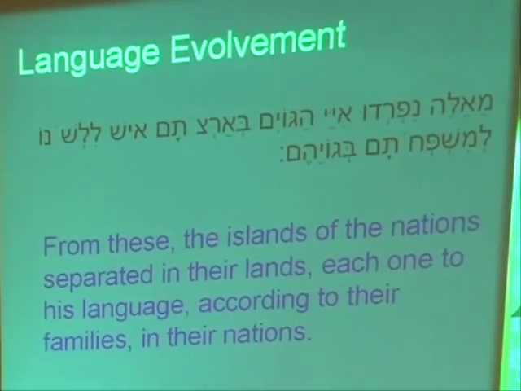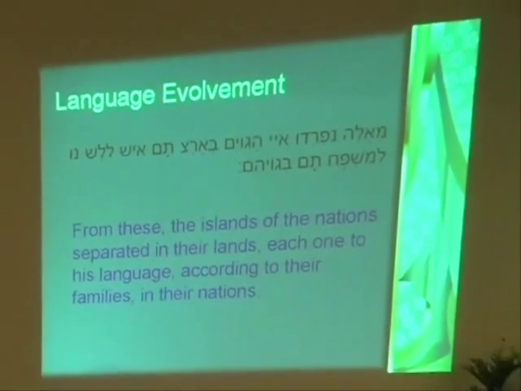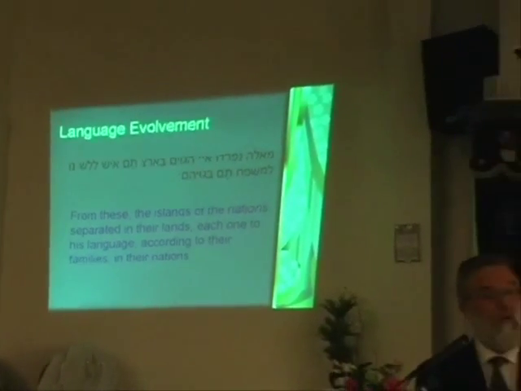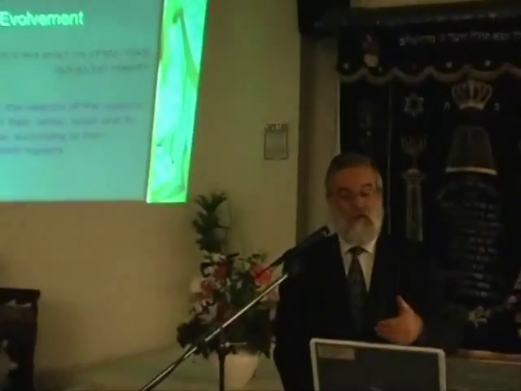So what we're seeing is, little by little, there is already mention of languages being formed or being developed in various parts of the world because they're all being scattered, each one with his language. And according to tradition, you may have heard the term 70 languages.